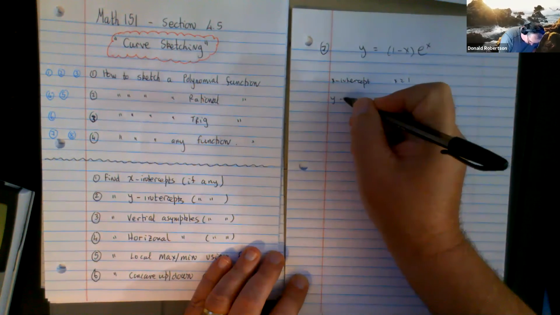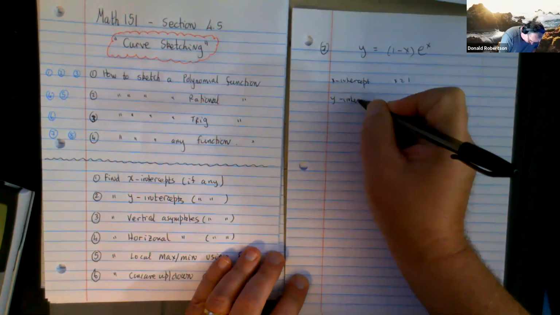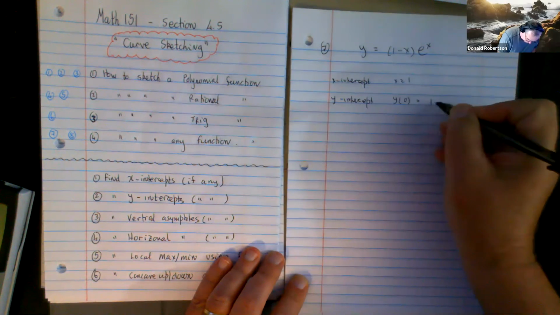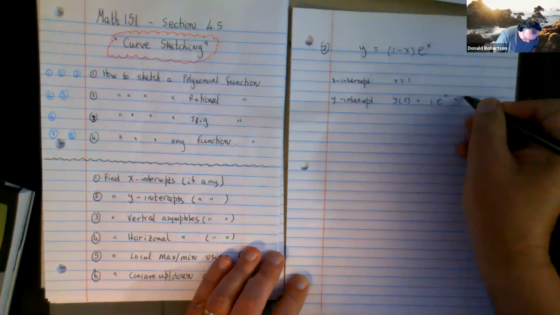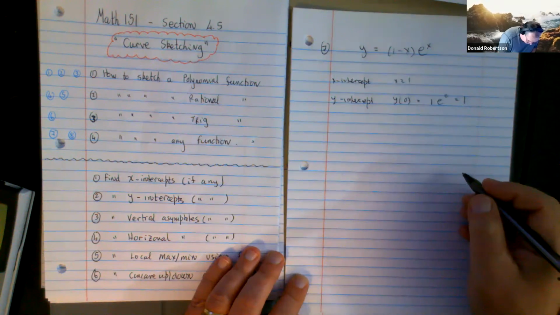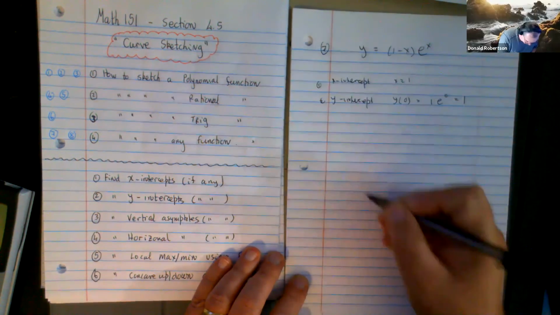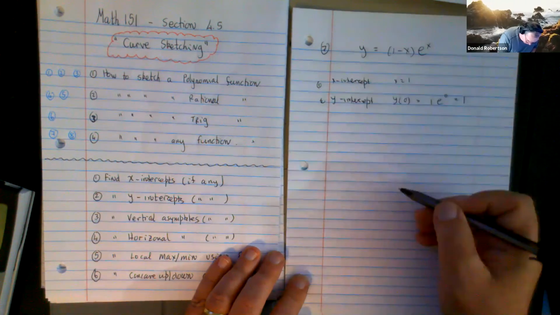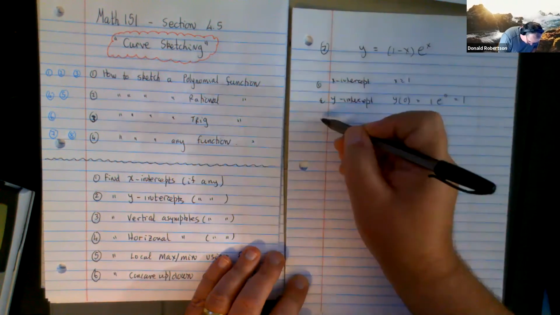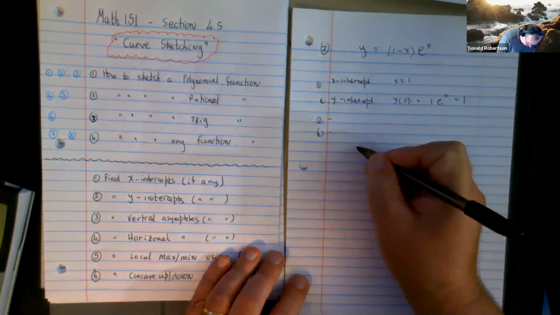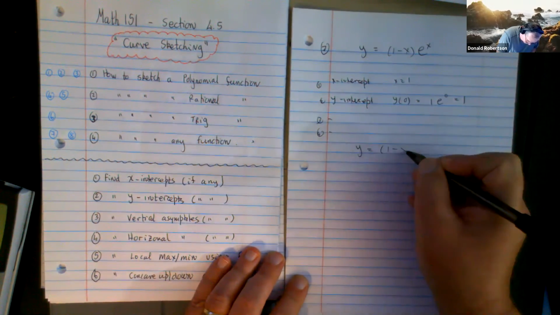If you want its y-intercept, it's going to be the value of the function at 0, which is 1. Steps 1 and 2: vertical asymptotes, it doesn't have any; horizontal asymptotes, it doesn't have any, this particular shape at least. So now I can move into derivatives.